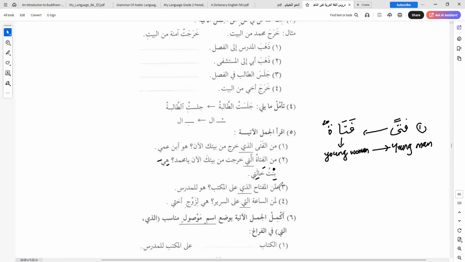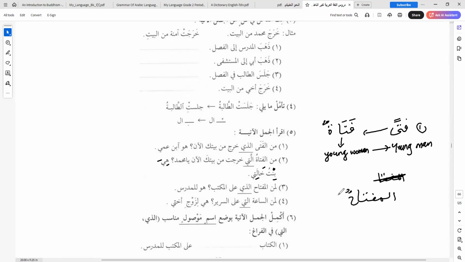لمن المفتاح الذي. So here we're looking at miftah. Al-miftah is the key.